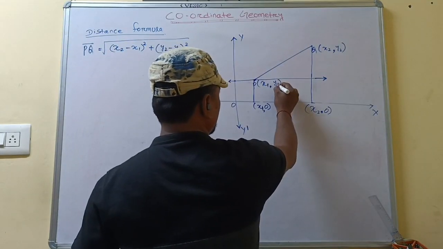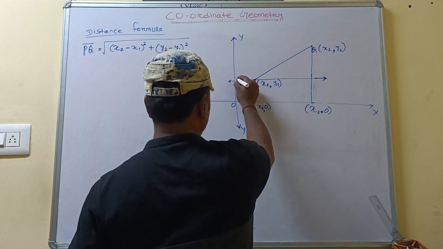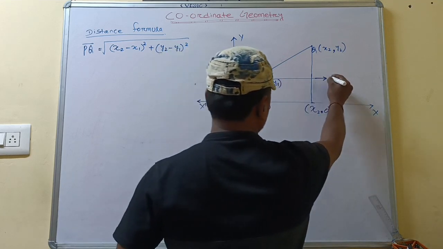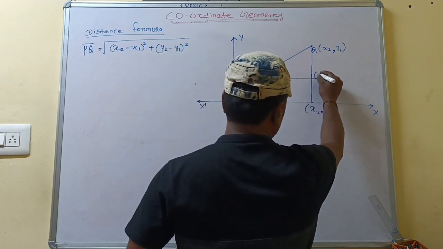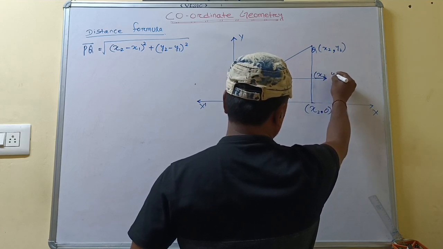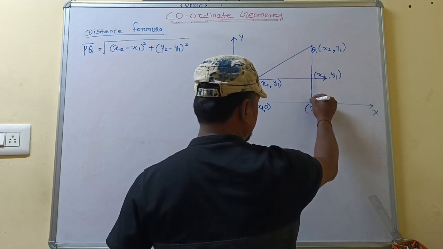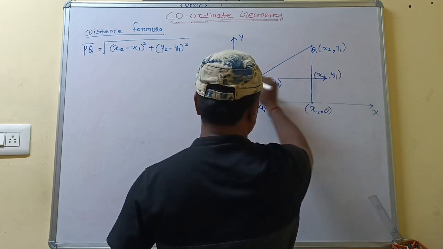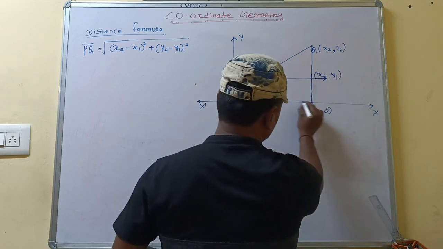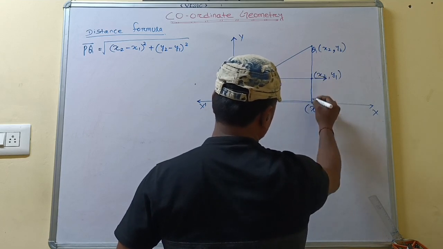And this point is y1, and this point is x2, y1, because this is x2 and this distance will be y1, and this is also x2.